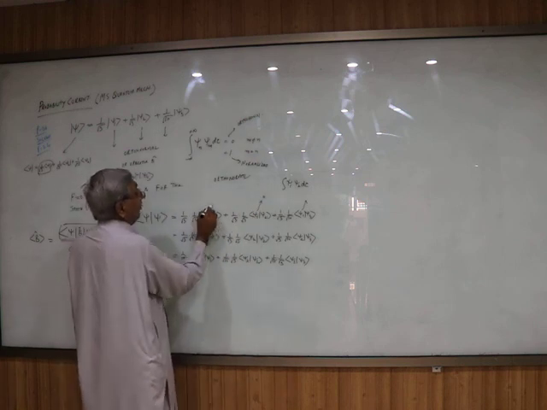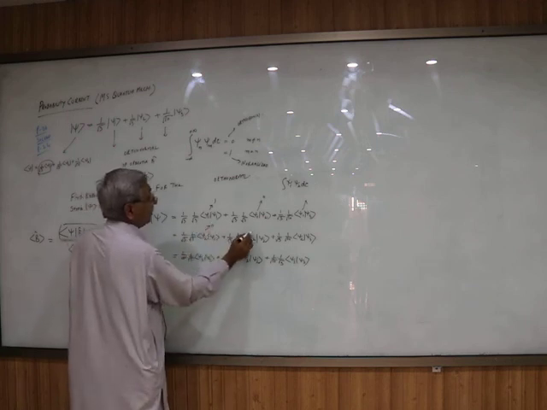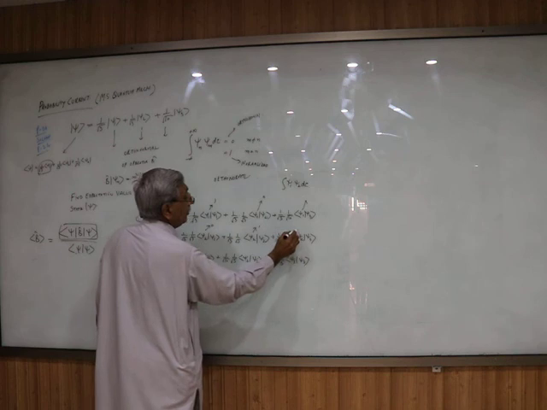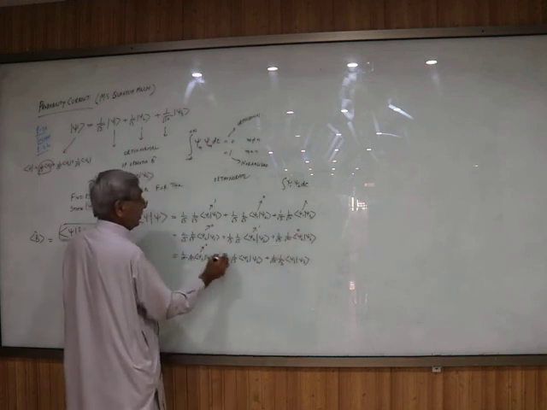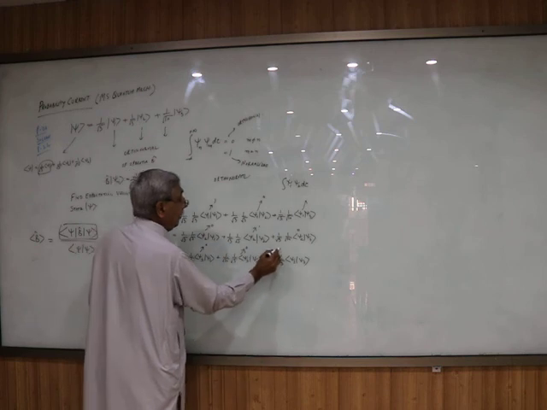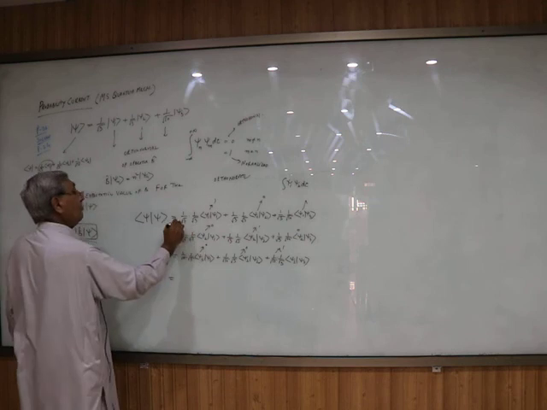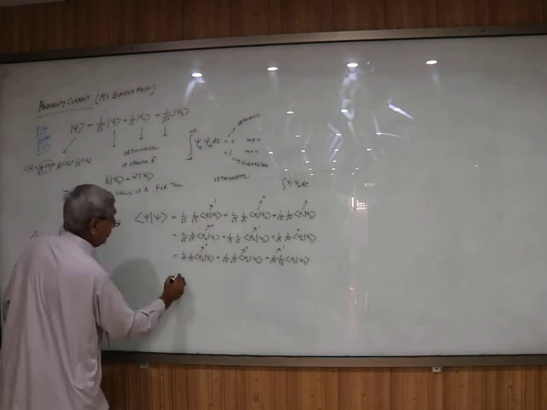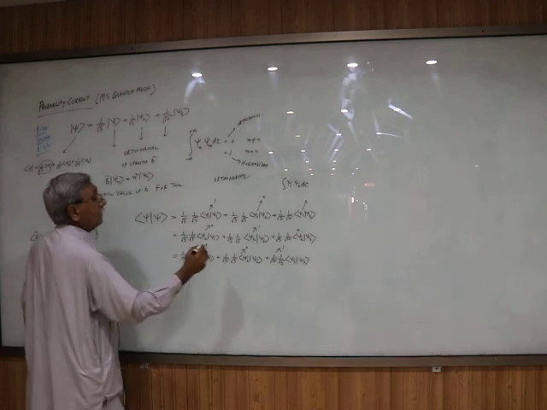But this will be 1. This is 0, but this is 1. This is 0, this is 0. This is 0, this is 1. And the answer is 1 over 3, 1 over 3, 1 over 3. The square root will disappear.